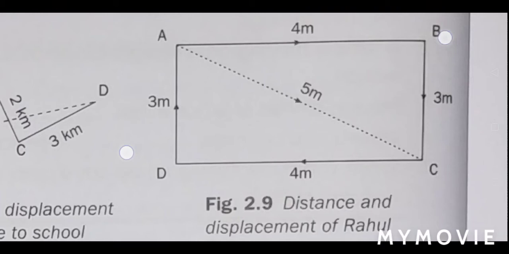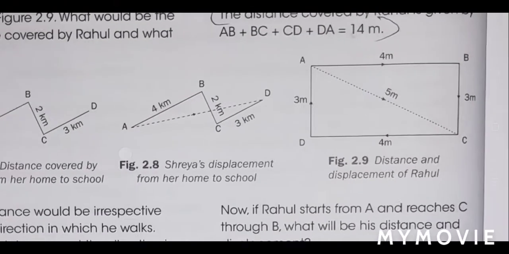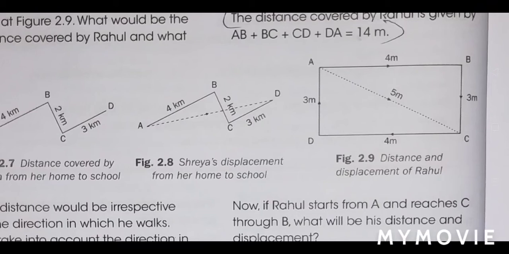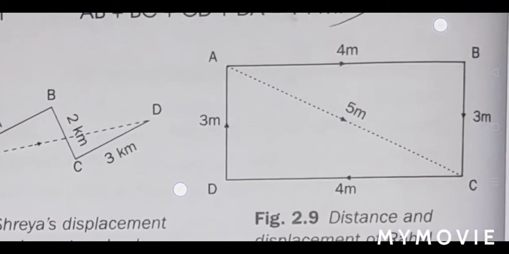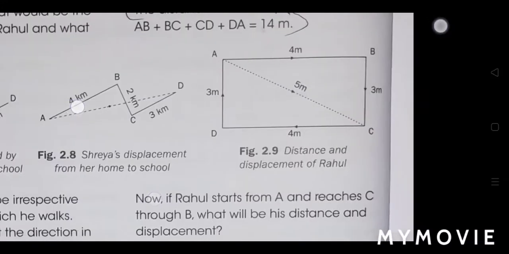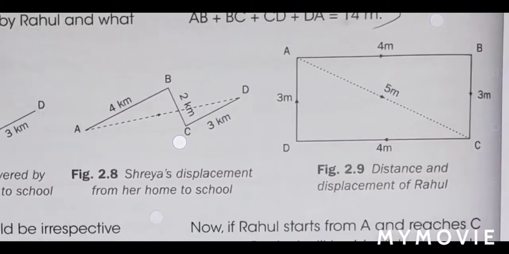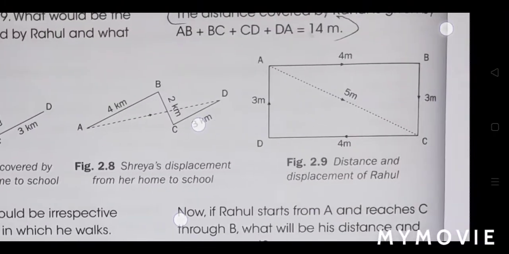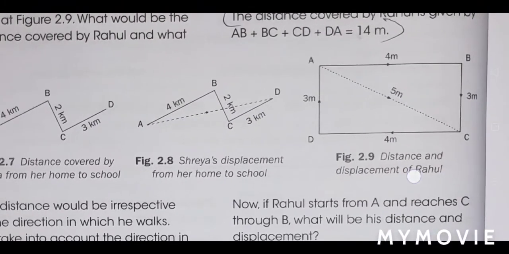Now suppose, instead of completing the round, he travels only up to C through the point B, that is AC. How do we calculate the distance and displacement?